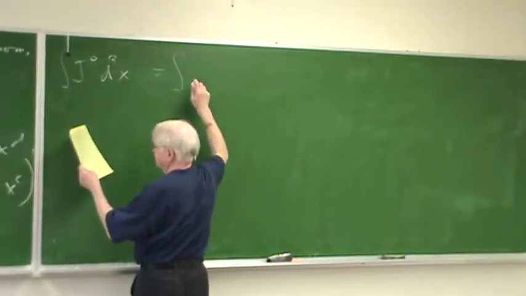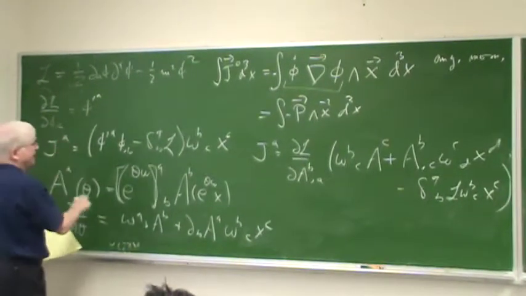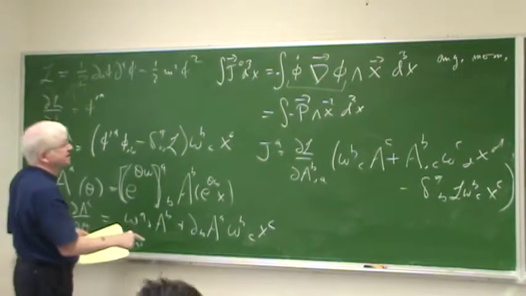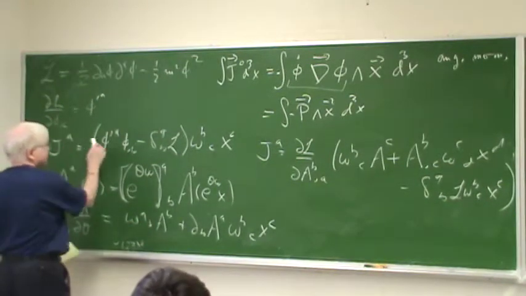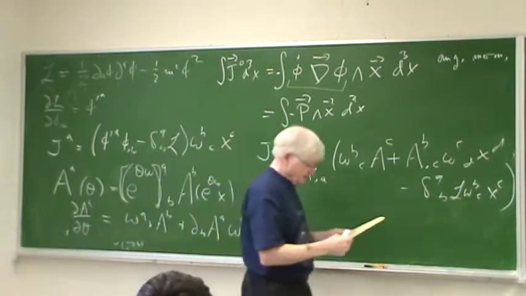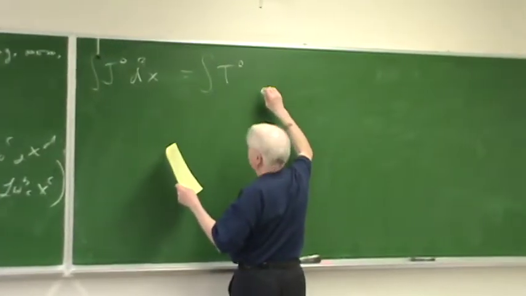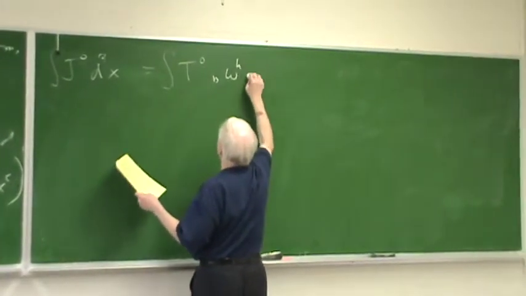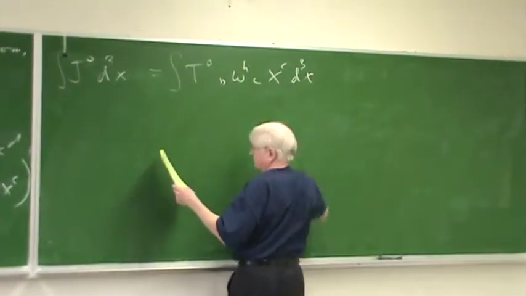And remember the other way of writing this is to say that J_A is T_AB omega BC XC. And so in this case, it's the integral of T0B omega BC XC d cubed x.